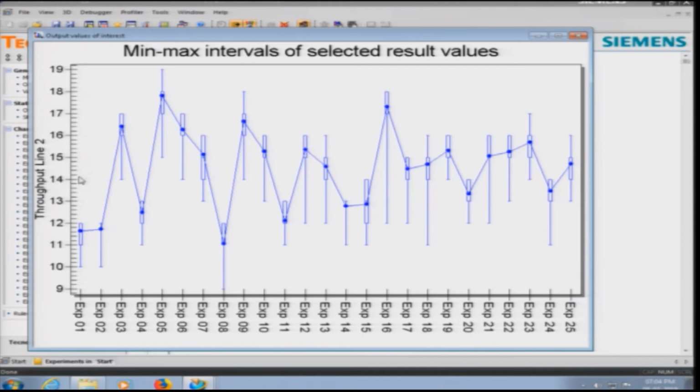It is only 14, maybe from 10 to 19 pieces are produced, and the average is around 14. Out of these 14 units, the standard deviation is around 1.5. So 1.5 out of 14 units is around 10 or 11%. So this is a little higher variability than we observed in line 1.